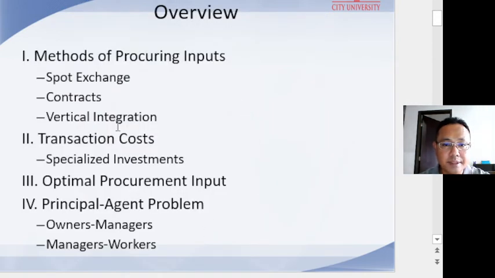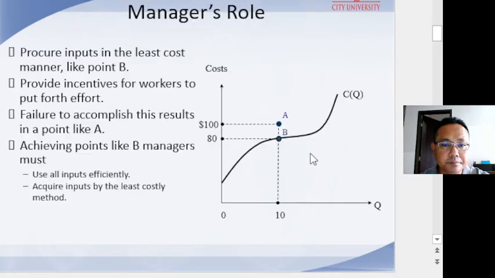So we will touch on all of this based on the scenario that we discussed just now: methods of procuring input, transaction cost, optimal procurement of input, and the principal-agent problem.